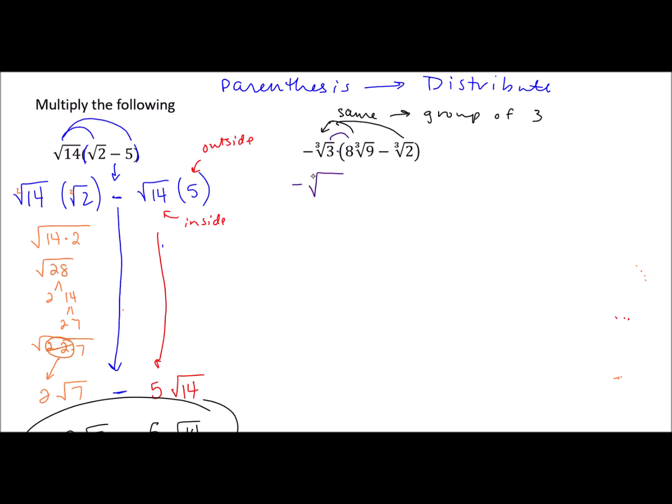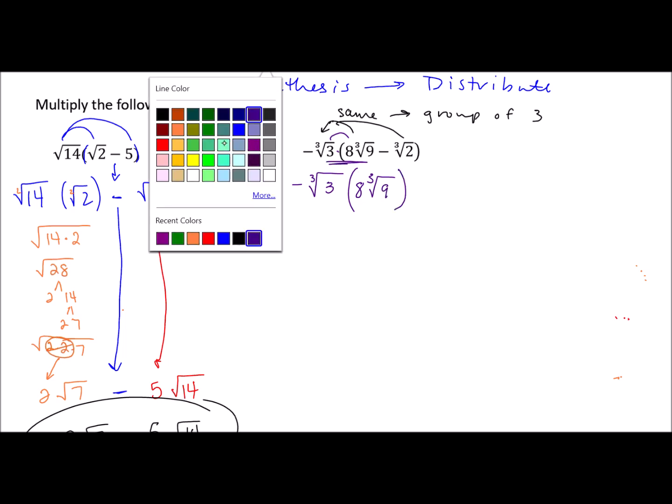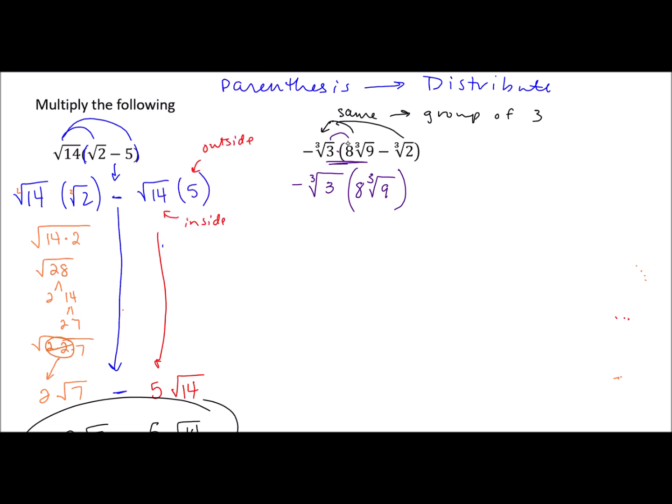So I've got negative cubed root of 3 times 8 cubed root of 9. There's that first one. Then for that second one, right, for this one, it's going to be negative cubed root of 3 times cubed root of 2.